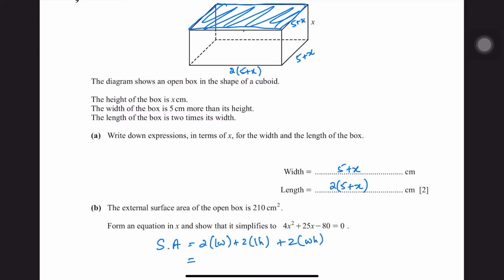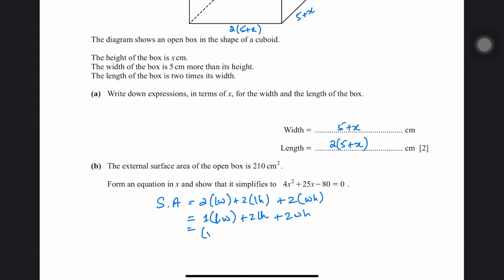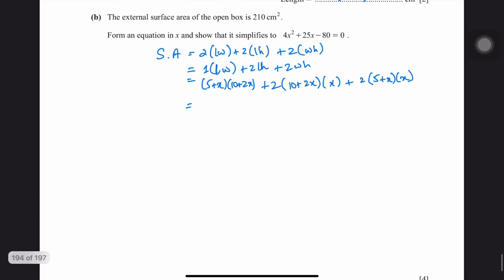I need to subtract the top face, so I'm going to say that's just 1LW, the one at the bottom, 2LH and 2WH. So the length and width are 5 plus x and 10 plus 2x. Length is 10 plus 2x. Height is x. Width is 5 plus x. Height is x.